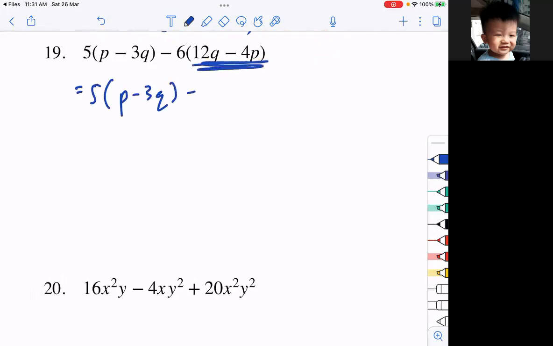I can factorize, right? Take out what? So now I'm getting more pro already. Straight away I know it's 24 outside. Do you know how I saw 24 outside? I extract the 4, but the 4 will come and multiply with the 6. So as you get better, you get faster.